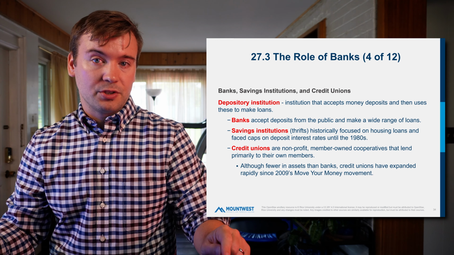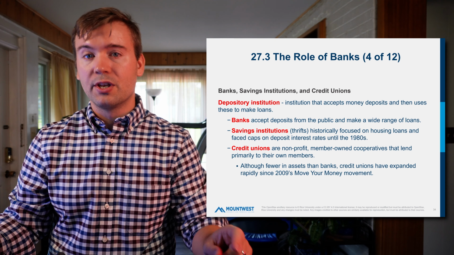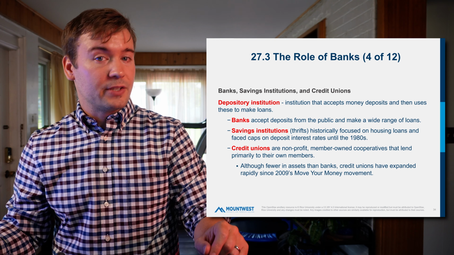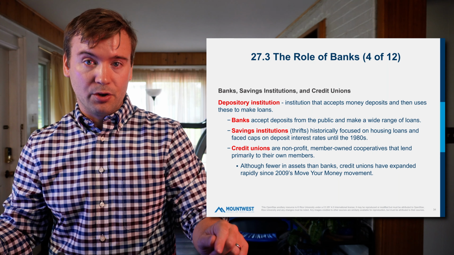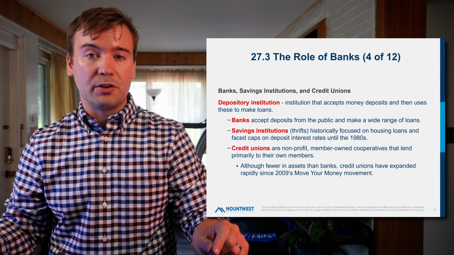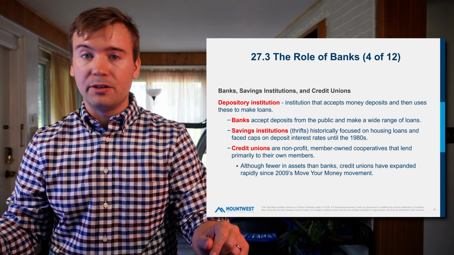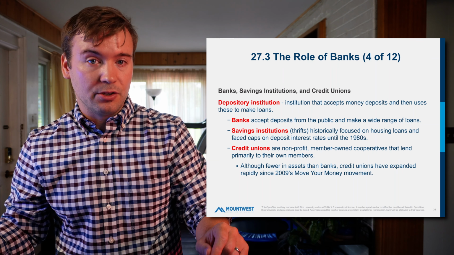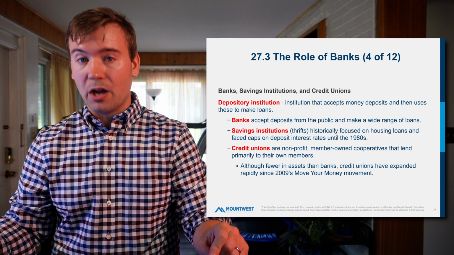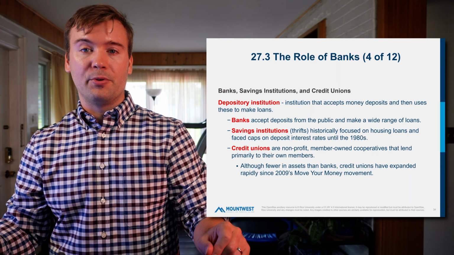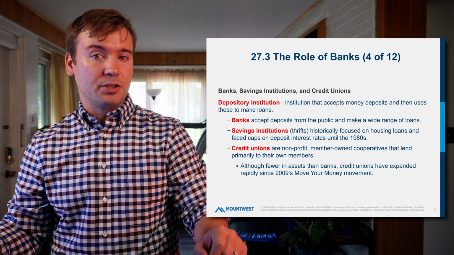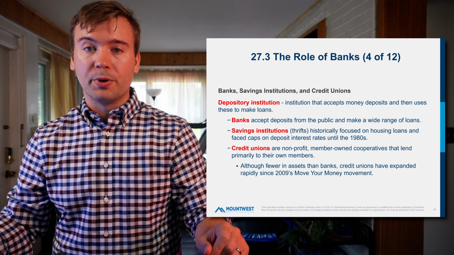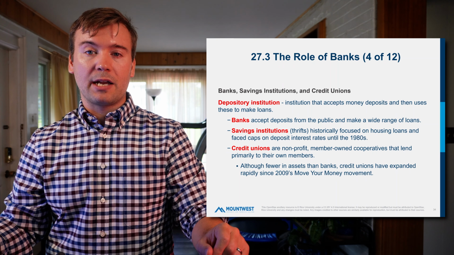Savings institutions, sometimes called savings and loans or thrifts, have historically focused on housing-related loans, and for a long period, they faced federal caps on the interest rates they could pay to depositors. Then there are credit unions, which are distinct because they are nonprofit, member-owned cooperatives. Membership is typically restricted to a certain community or group, and they primarily make loans back to their members.